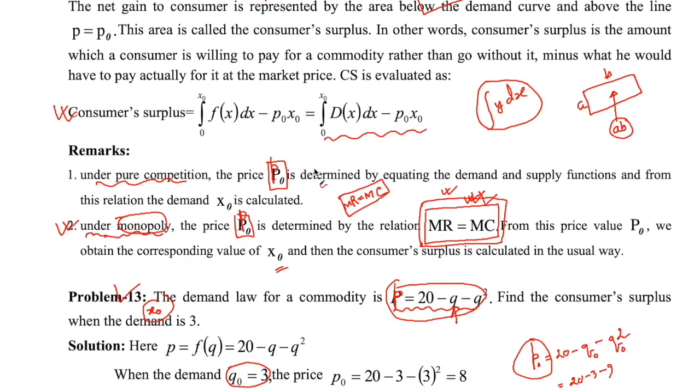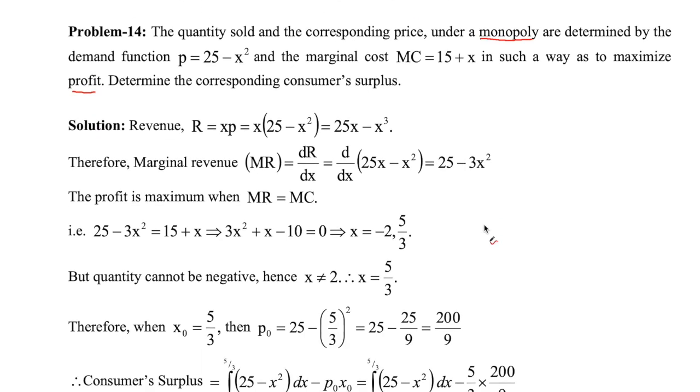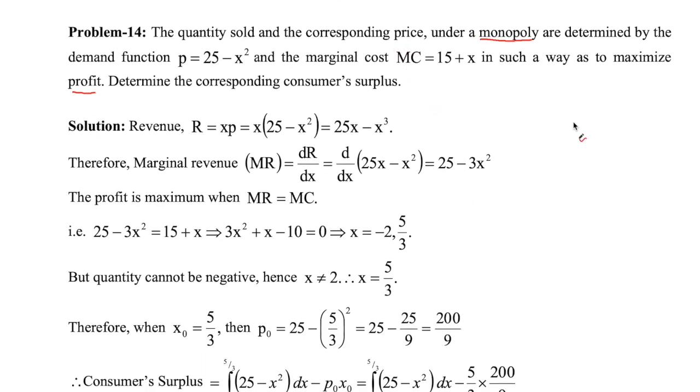If you again look into this note, under monopoly, marginal revenue will be equal to marginal cost in order to maximize profit. Marginal cost is given as 15 plus x. You need to calculate marginal revenue to make it equal. By equating MR equal to MC, you can calculate x0.